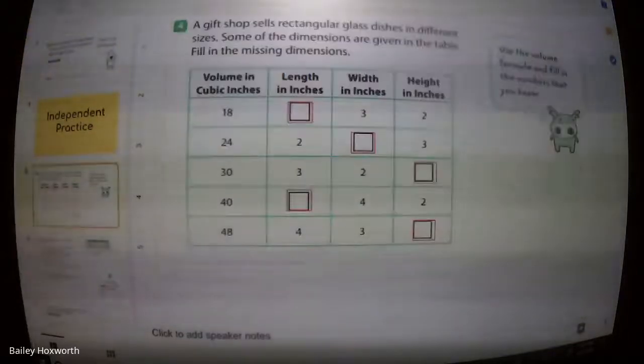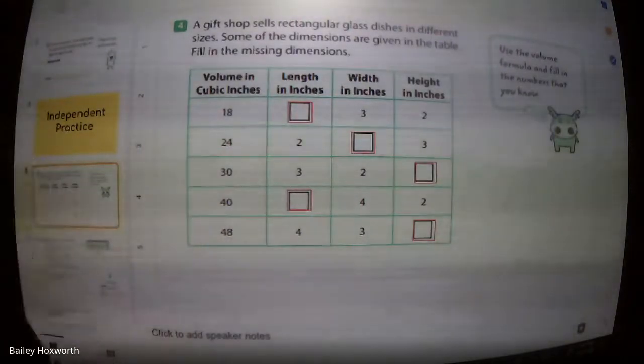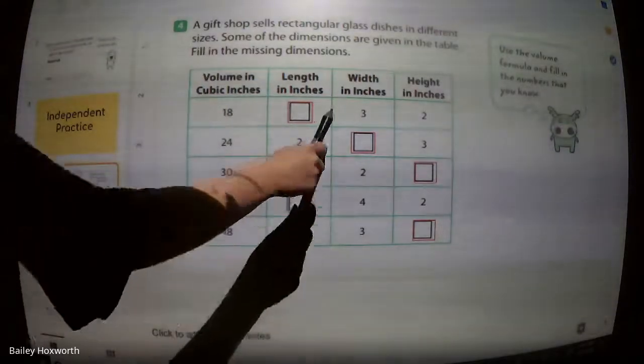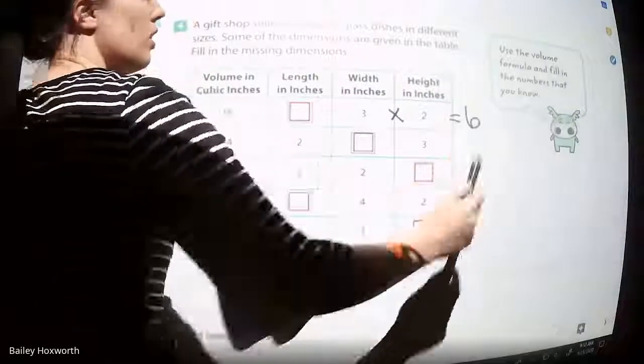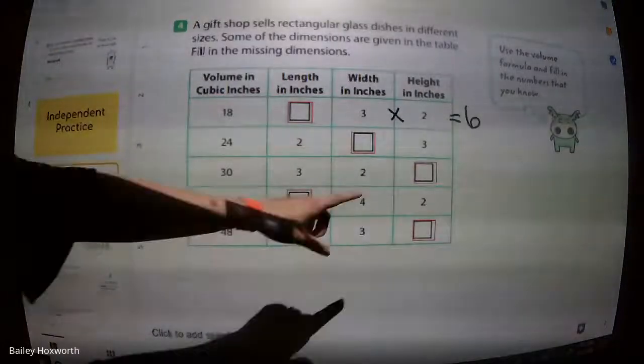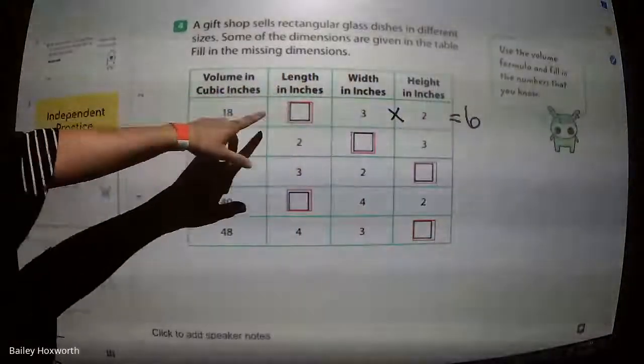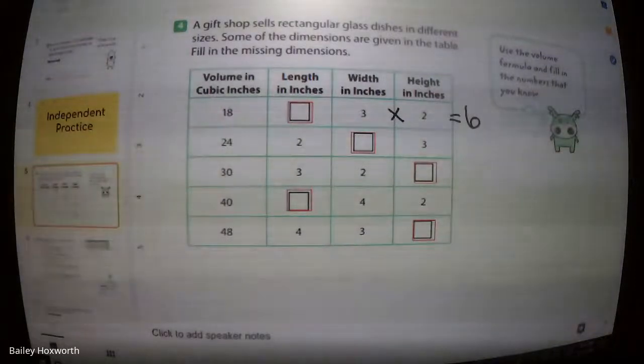The first problem you're doing is finding the missing size. So let me do the first one, and then you can do the rest of them. 3 times 2 equals 6. Well, I need to know what 6 times what equals 18.